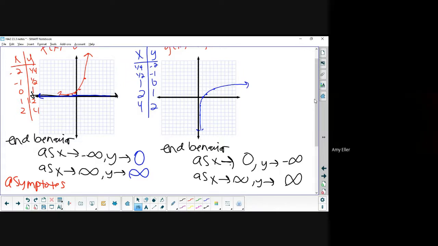So we look at the end behavior. If it's approaching infinity, that doesn't count. This one is approaching 0. So this is an asymptote, something that's approaching at its end. And so we would call that a line with a height of 0. This one, at its end, it approaches negative infinity and positive infinity. So it has no horizontal asymptotes.